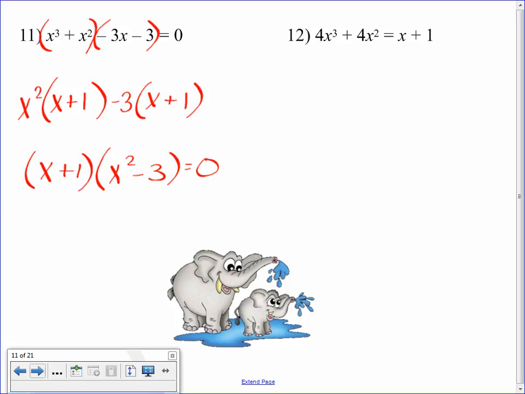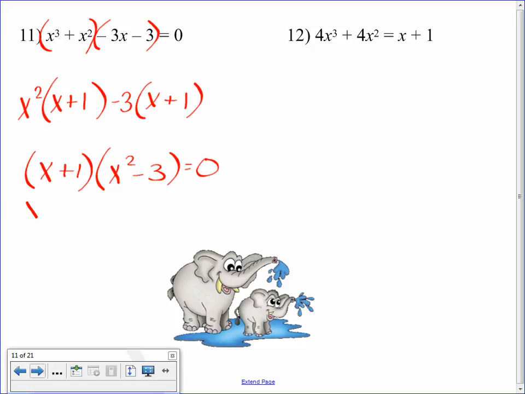You have to have 4 terms in order to do this method. If you don't have 4 terms, you can't do this. Everything you factored before today either had 2 terms, difference of squares, or 3 terms, and you set up your parentheses, options for A, options for C, and you did your whole thing, right? This is when I have 4 terms. You have to recognize the difference between these.